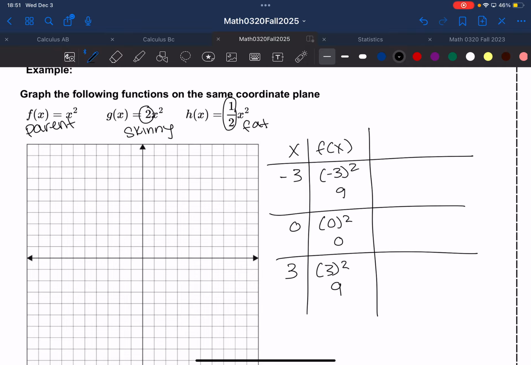X squared is just squaring that x value. Okay, g of x is 2x squared. So once we square that value, we multiply it by 2. So this is 2 times negative 3 squared, which is 2 times 9, which is 18.